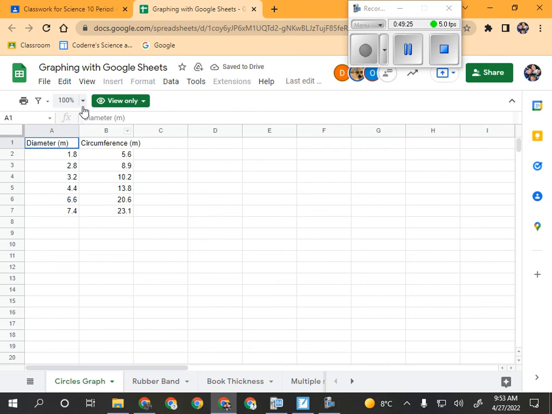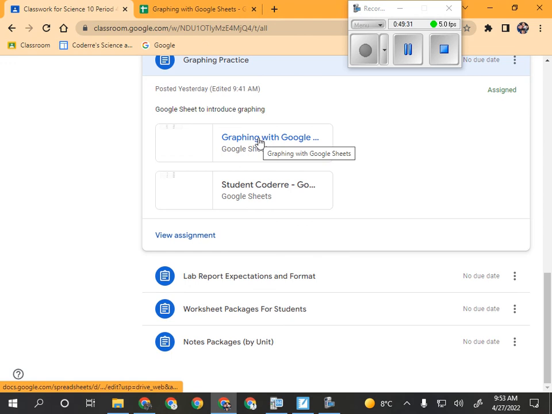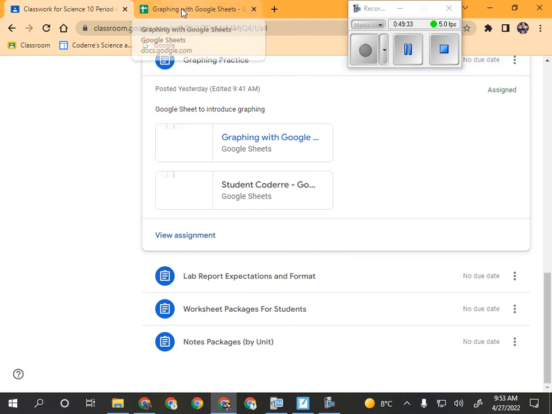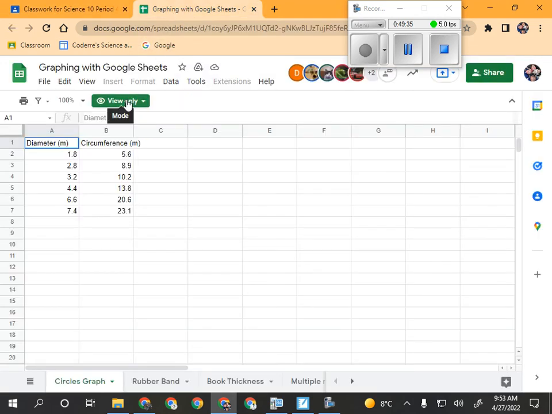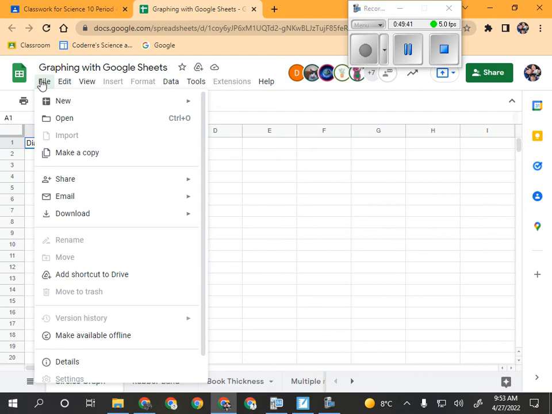It's the top one, graphing with Google Sheets. When you open it, it says View Only. Just click on File and make a copy, and then you'll be able to edit it.